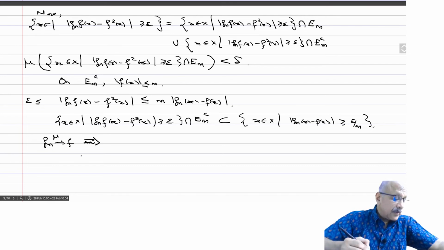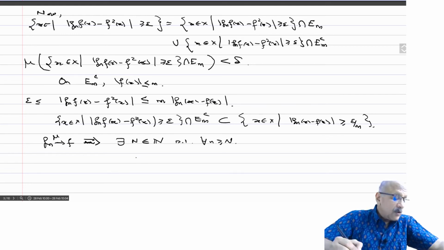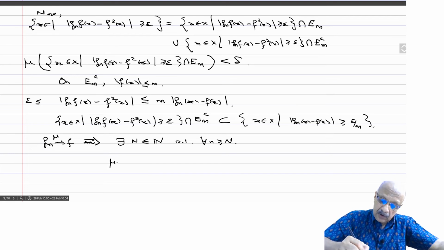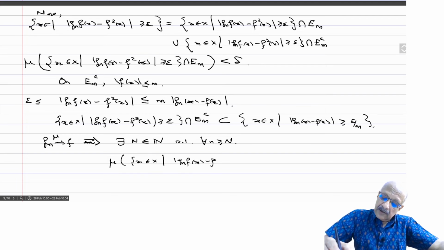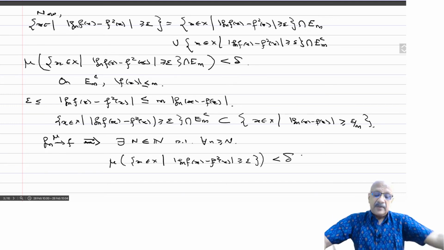So f_n converges to f in measure implies there exists a capital N such that for all n greater or equal to N, the measure of the set of all x in X such that |f_n f(x) − f²(x)| ≥ ε is less than the measure of this, and that can be made less than delta.